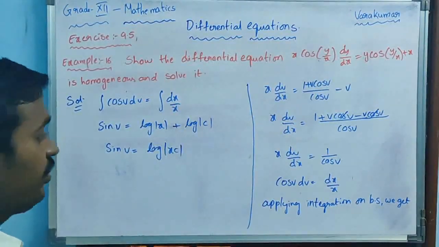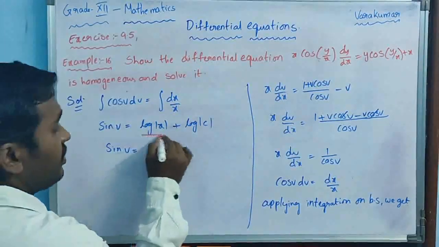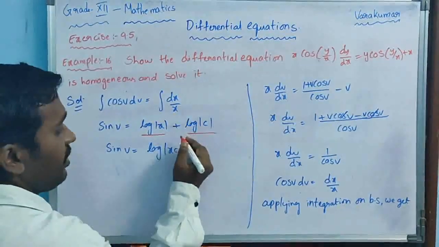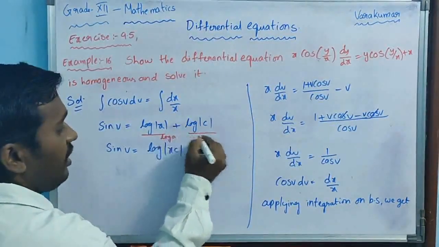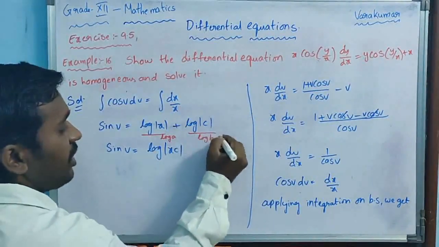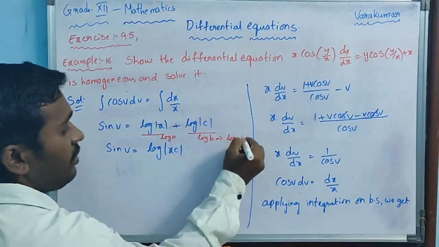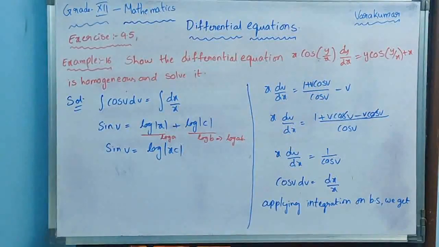Many times I have told you how to take that. So this is log a and this is log b, and it becomes log ab. Then sin v = log|xc| or log|cx|.